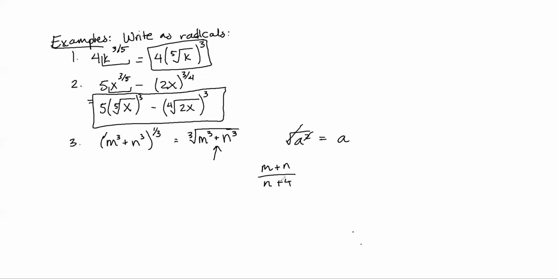Because these n's were parts of terms that had addition in them, you could not cancel anything out. Same thing here, the m cubed and the n cubed, that's kind of stuck together because of that addition there. So you cannot cancel the cube root and the cubes out. So this is as far as we can go.